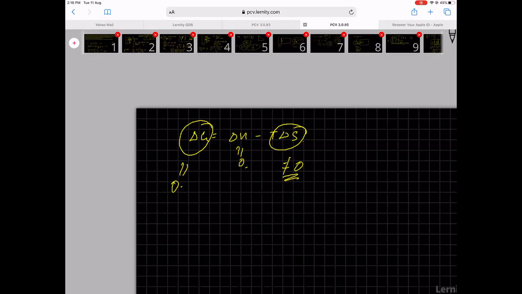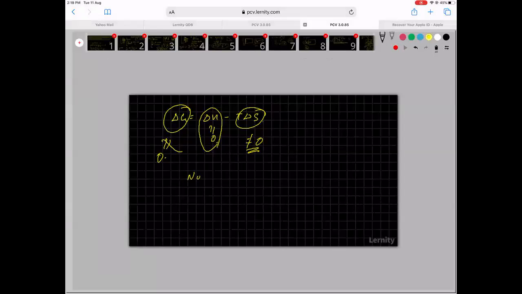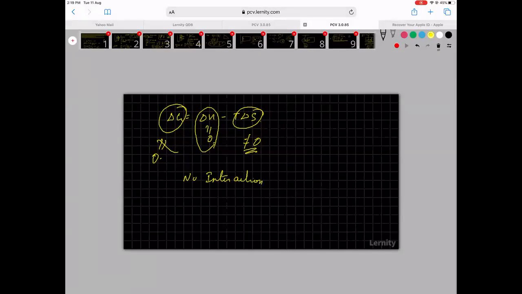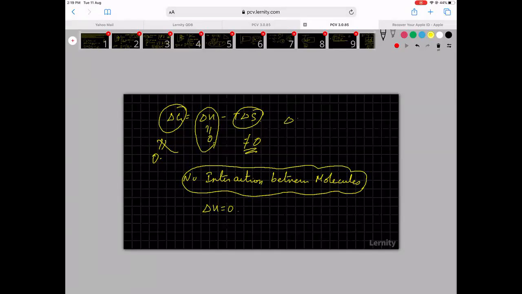So delta G will not be equal to 0. Delta H will be equal to 0 because there is no interaction between molecules. But delta S is not equal to 0, so delta G is also not equal to 0.